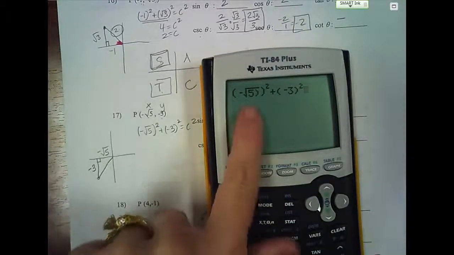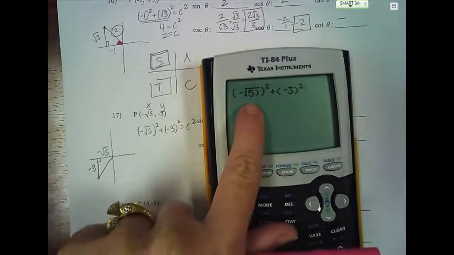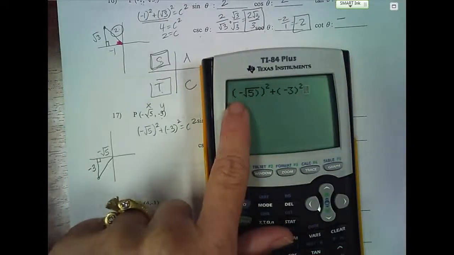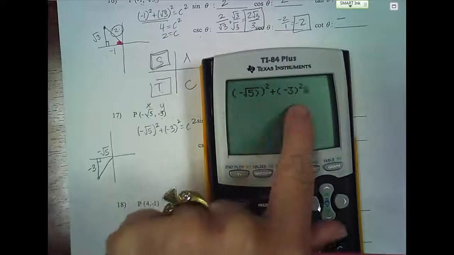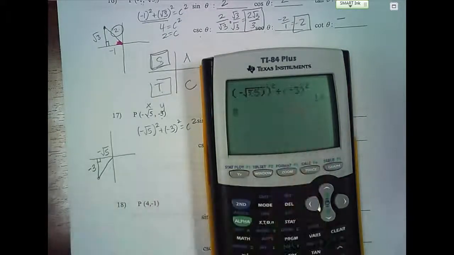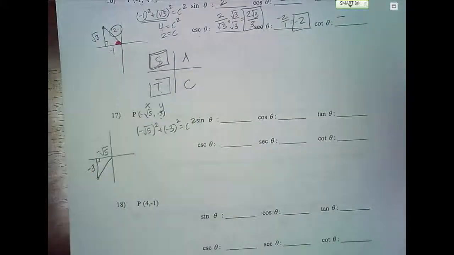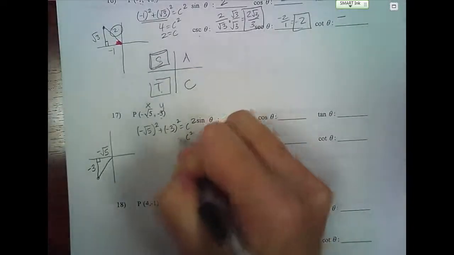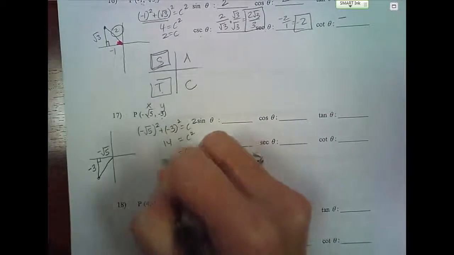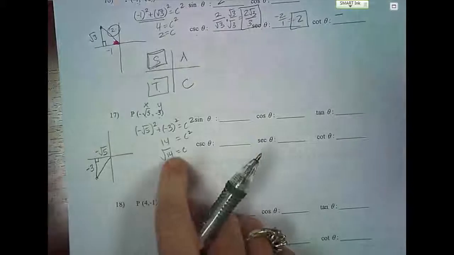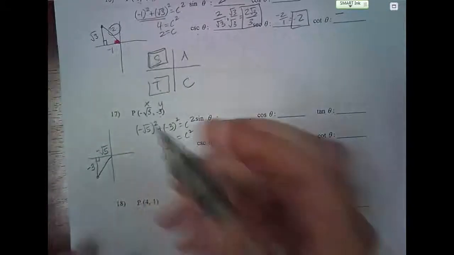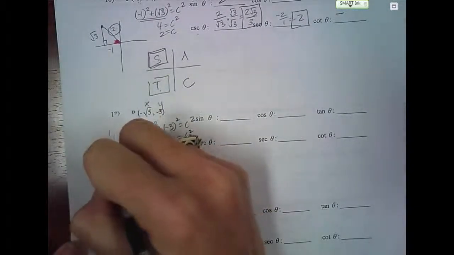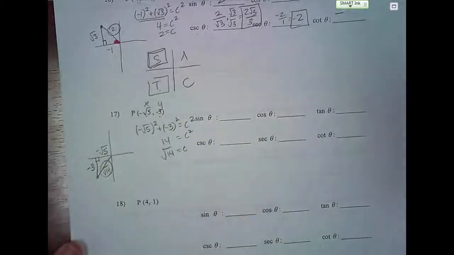Or you can do it in your head. This is going to drop the radical, and when you square a negative, it turns positive. So that's 5. And this is 9, which gives you 14. C squared is 14, so c is the square root of 14. You check and see if you can reduce that, and you can't. So root 14, and I'm going to circle it because it's the hypotenuse.